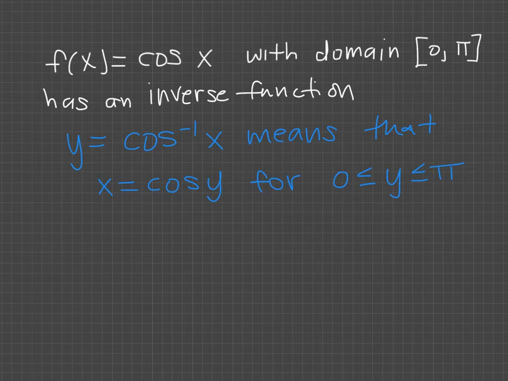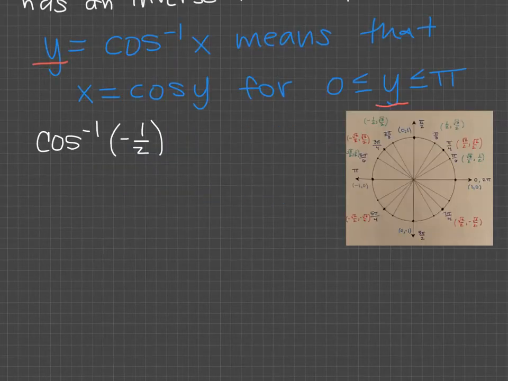So notice that y is an angle measure. The result of an inverse function, the function value for an inverse function, is going to be an angle measure. So let's evaluate an inverse function, and we want cosine inverse of -1/2. So notice the input is a value, not an angle. The result that we are going to get is an angle.